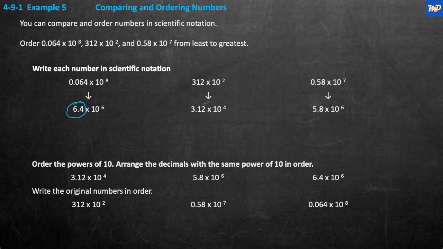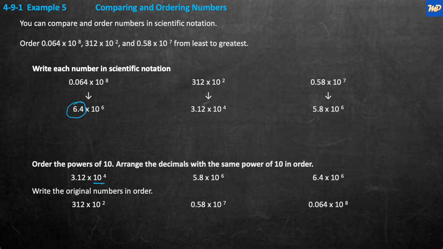Now that they're converted, first of all, you look at what is the smallest power of 10 you have. Well, the smallest power of 10 we have is the 3.12 times 10 to the 4th. Are there any others? No. So this is the lowest, the least value.